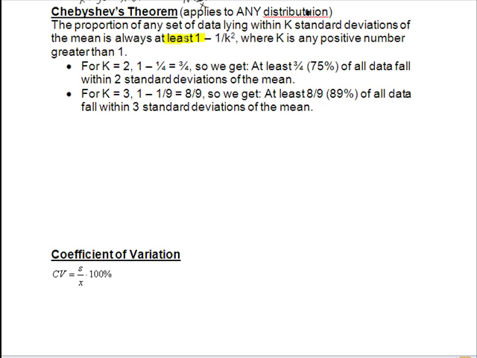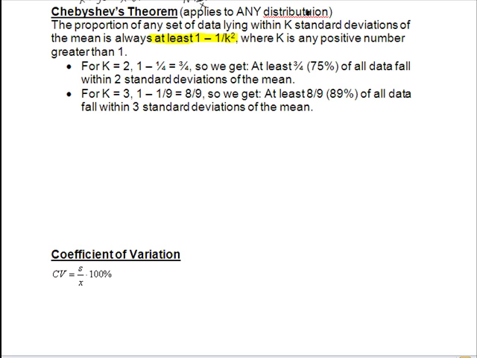Now that k represents the number of standard deviations. So if we're talking about within 2 standard deviations, that means k is 2. We get 1 minus 1 over 2 squared. 2 squared is 4. 1 minus a fourth is 3/4. So at least 3/4, or 75% of all data, fall within 2 standard deviations of the mean.